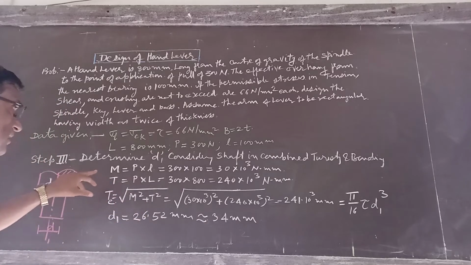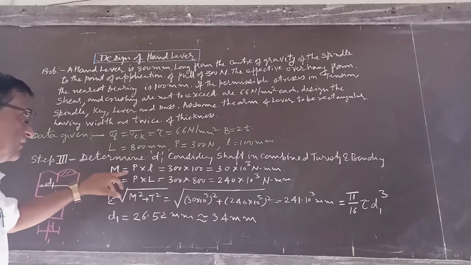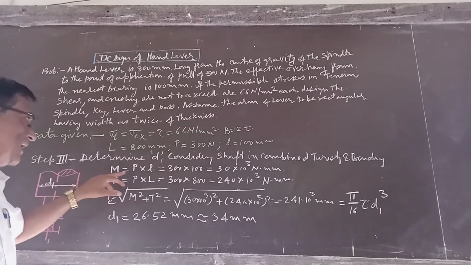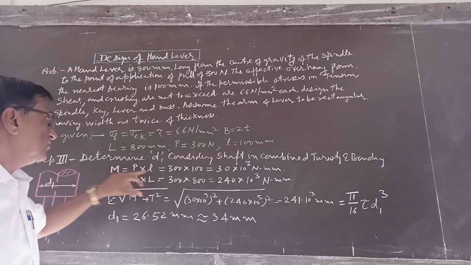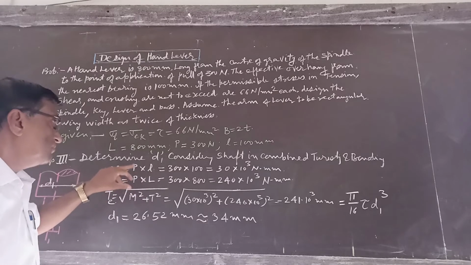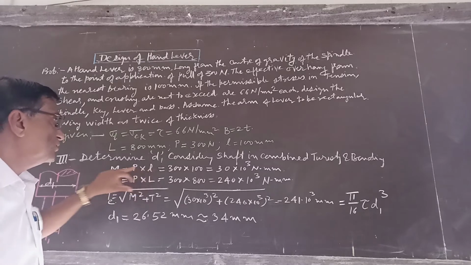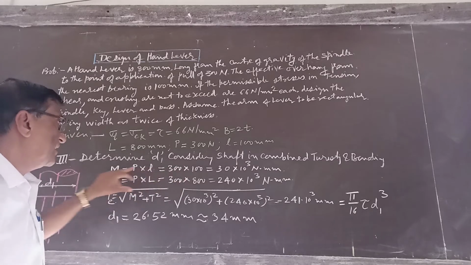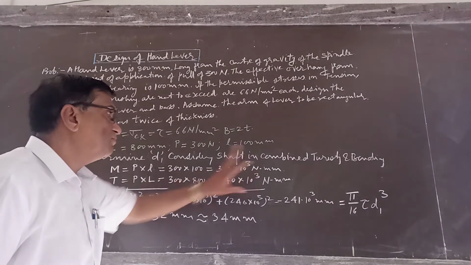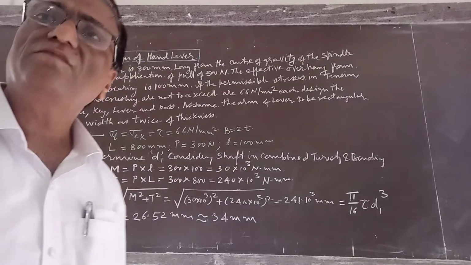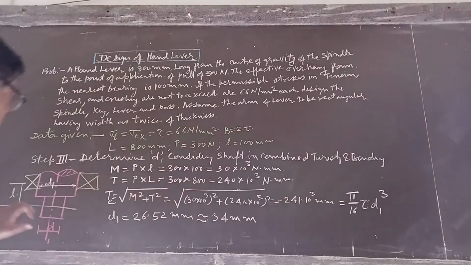The values of bending moment and torque are calculated as follows. Bending moment is force multiplied by small n, that is 300 multiplied by 100, and bending moment comes out to be 30 into 10 raised to 3 Newton millimeter, where small n is the overhang or distance between the center of bearing and center of the handle.